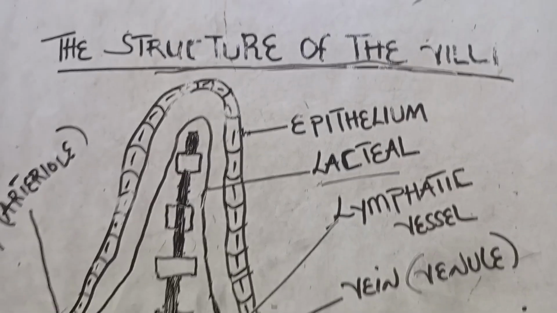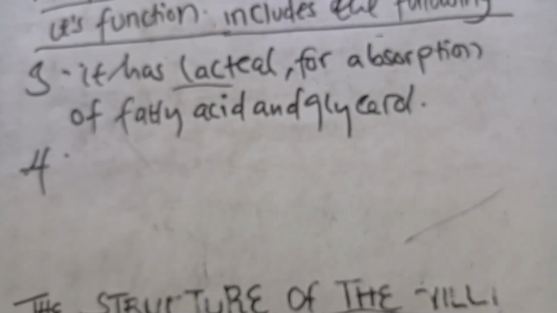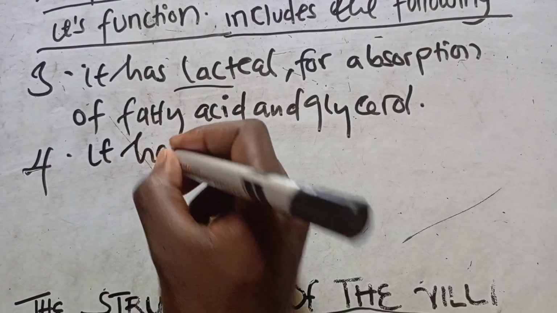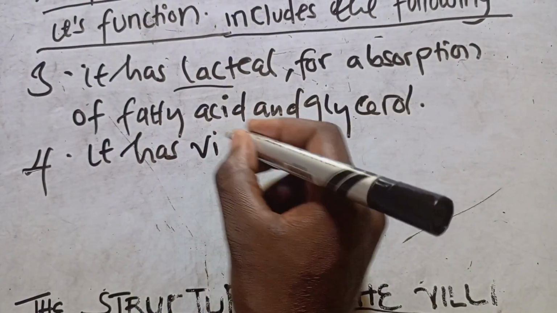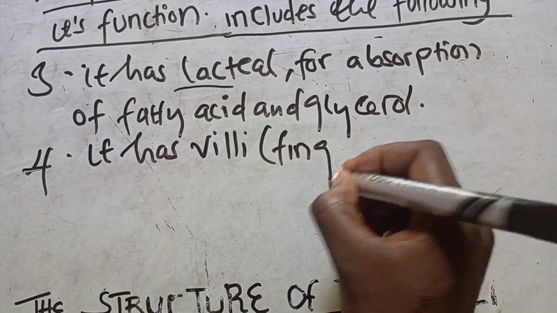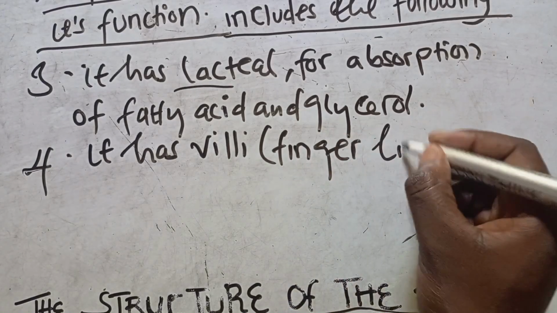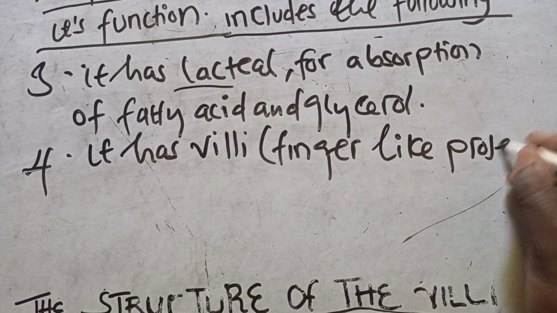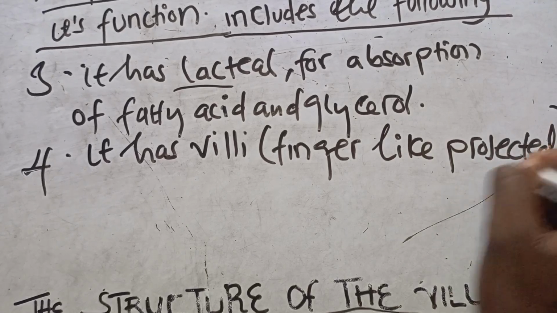So we are saying that it has the villi, which are finger-like projections. And it's because of this that it increases the surface area for absorption. So we are saying that it has villi, finger-like projections.